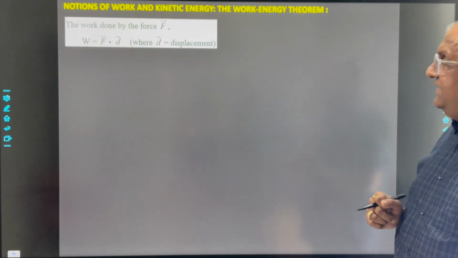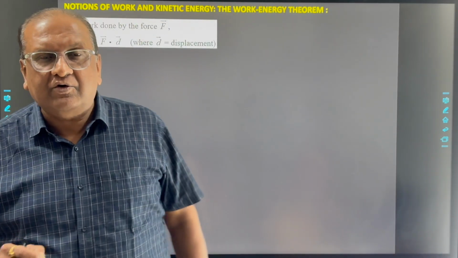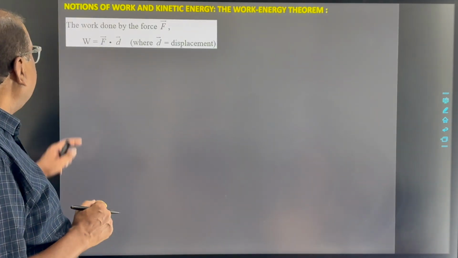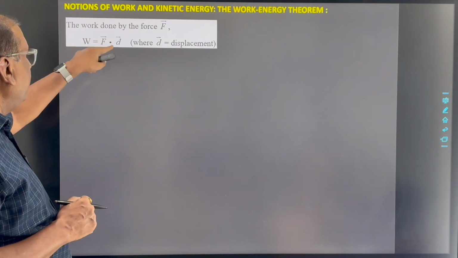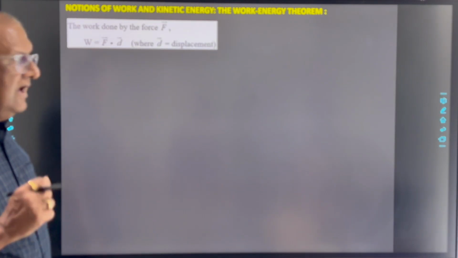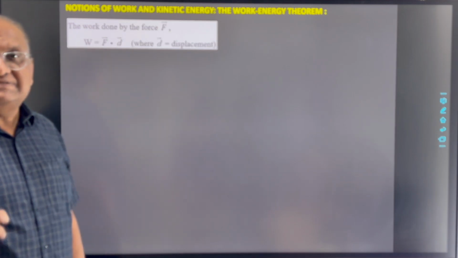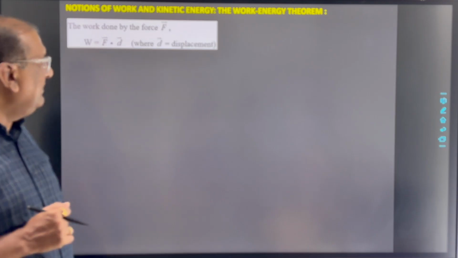Now, as per definition, the work done under the effect of force F is W equal to vector F dot vector d, where d is displacement. Now we know as per Newton's second law of motion, force F is equal to ma.